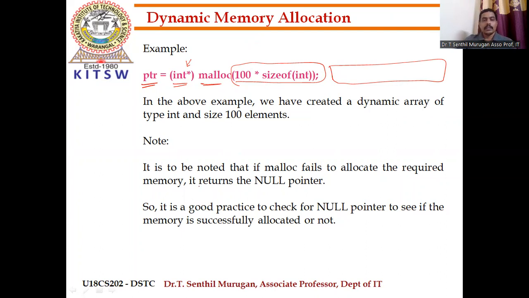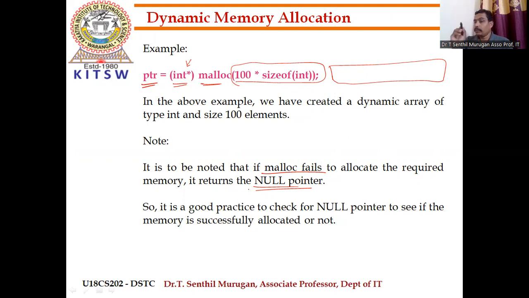Okay. So what happens if malloc fails? If there is no space in the memory, we are not able to allocate 400 bytes at a time. What will it do? It will return the null pointer. Null pointer means the pointer is not pointing to any location. If memory is created, the pointer is pointing to the first location of the memory.